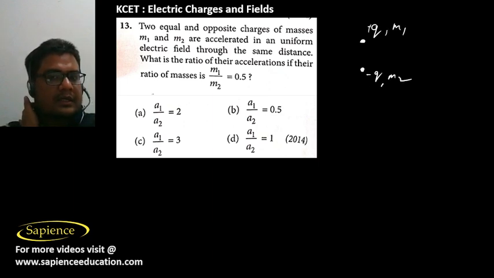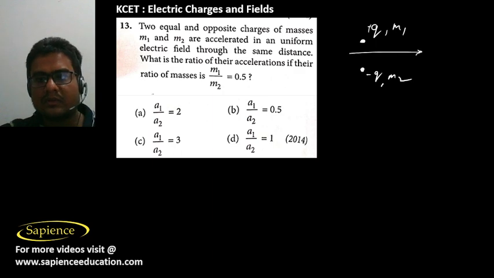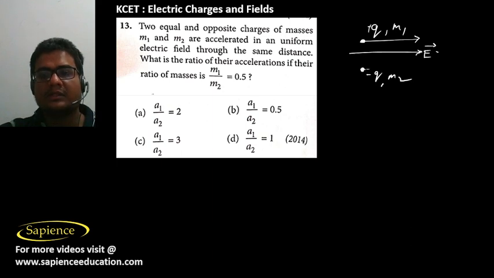They are accelerated in an electric field through the same distance. The positive charge will accelerate towards the direction of the electric field. The negative charge will accelerate in the direction opposite to that.